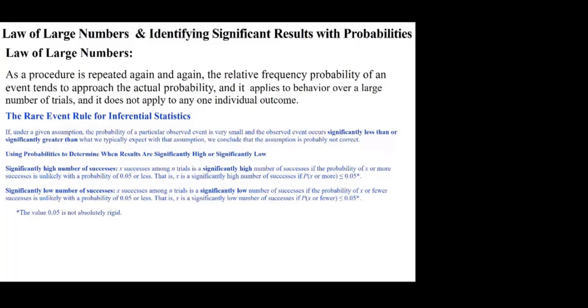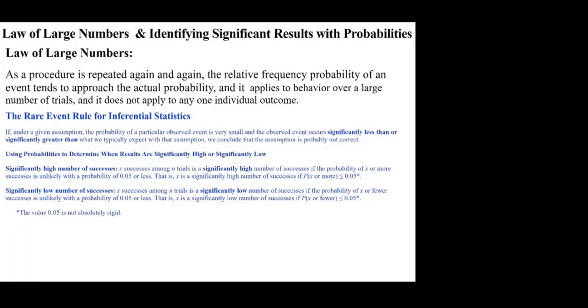Significantly high number of successes. X successes among n trials is a significantly high number of successes if the probability of X or more successes is unlikely, with a probability of 0.05 or less. That is, X is a significantly high number of successes if the probability of X or more is less than or equal to 0.05.